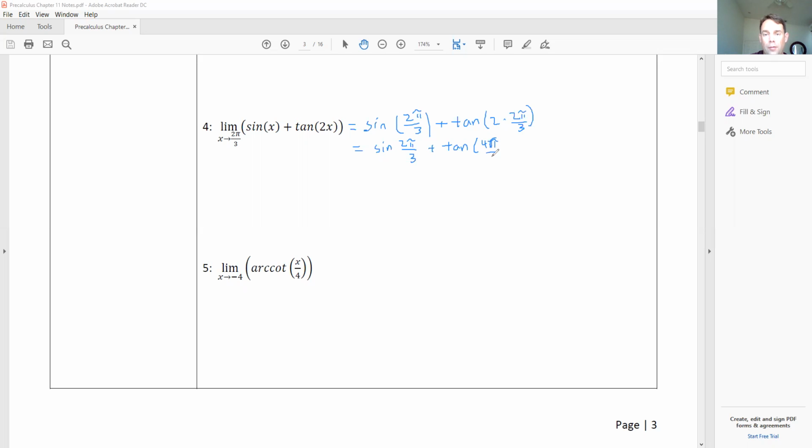And we end up with sine of 2 pi over 3 is a positive root 3 over 2. And tangent of 4 pi over 3 is a positive root 3. So if I put this over 1 and I multiply top and bottom by 2, I get root 3 over 2 plus 2 root 3 over 2, which would be equal to 3 root 3 over 2.